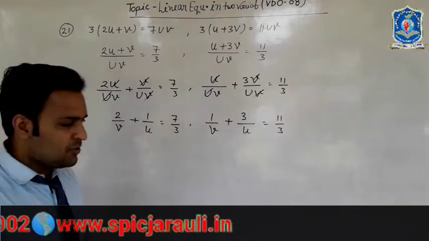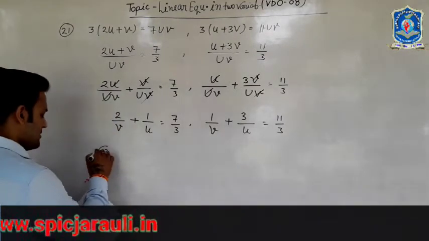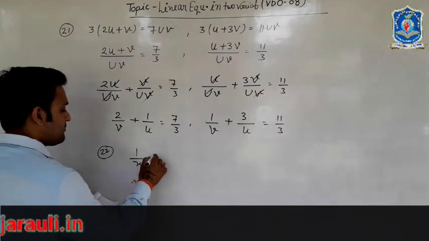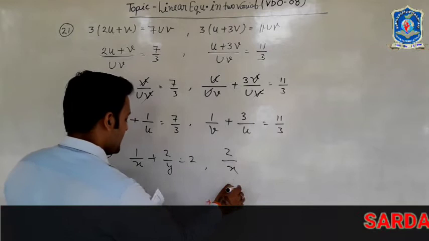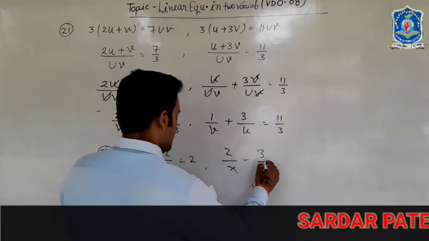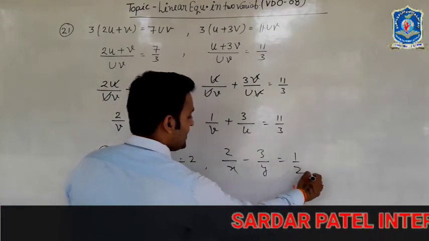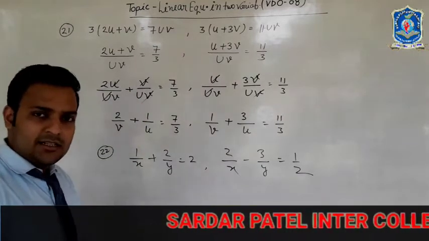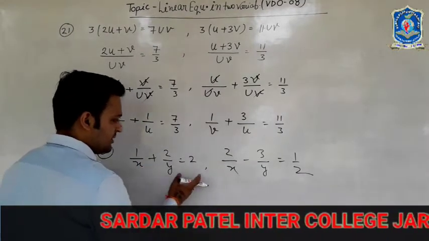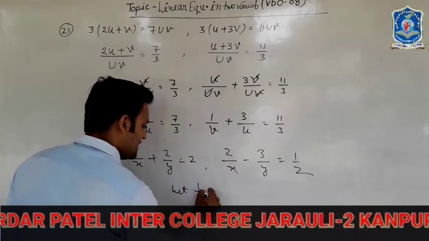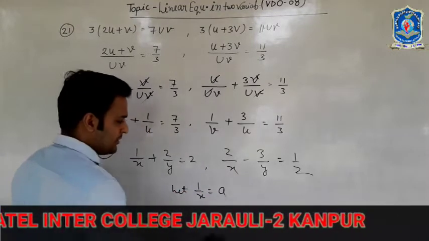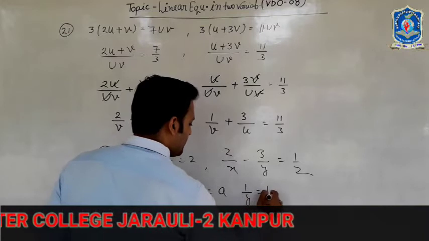Question number 22 is very easy. 1/x + 2/y = 2, and 2/x - 3/y = 1/2. The variables are x and y. Let 1/x = a and 1/y = b.